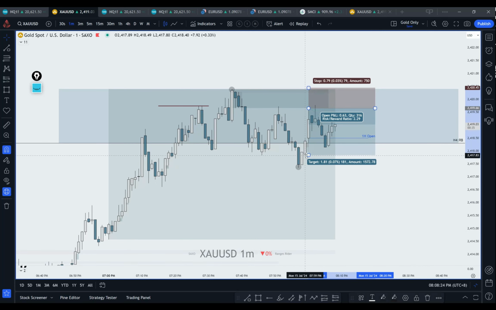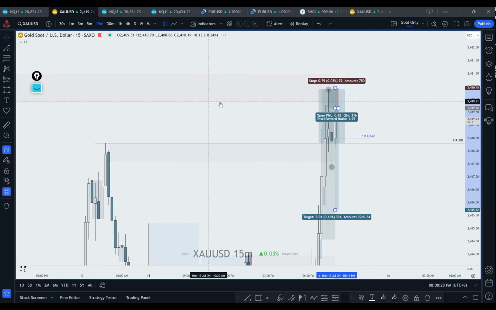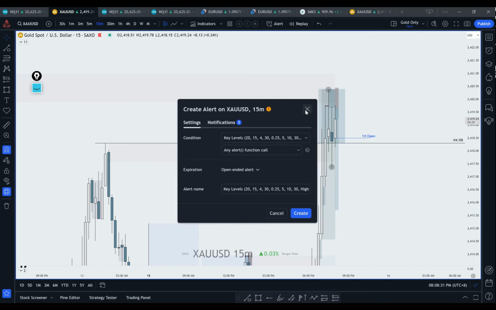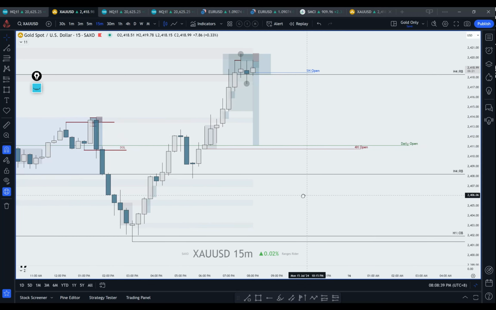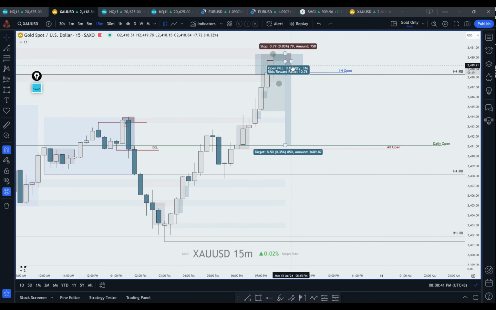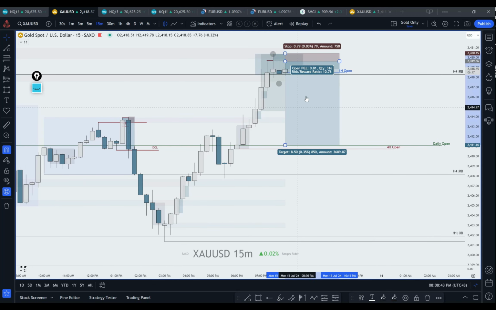We can enter there. And the target, 15-minute. We don't need such a big target.